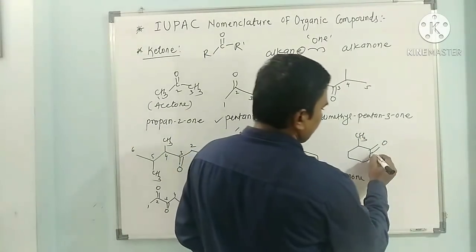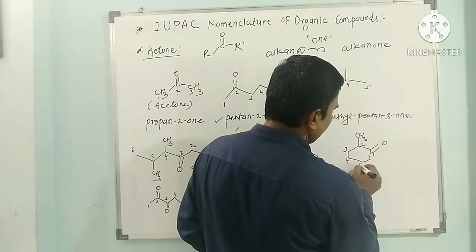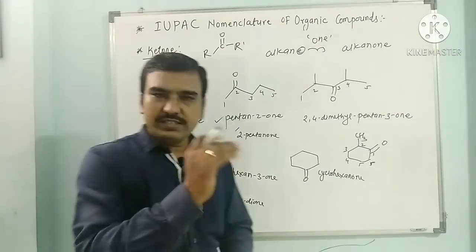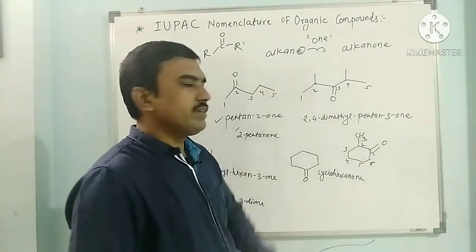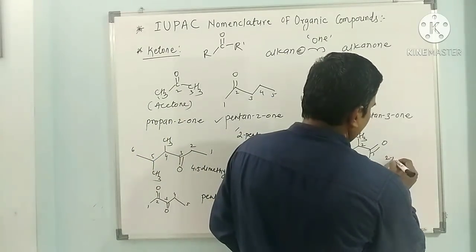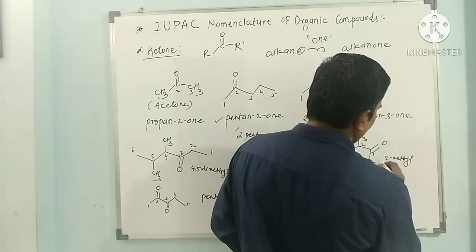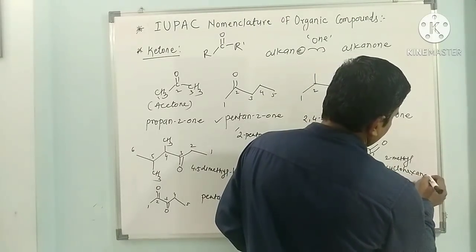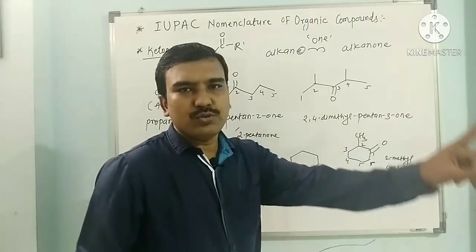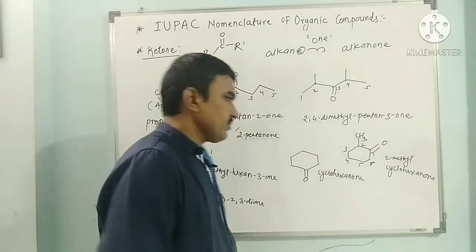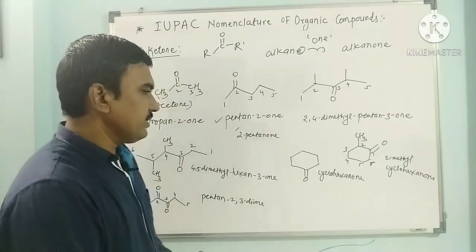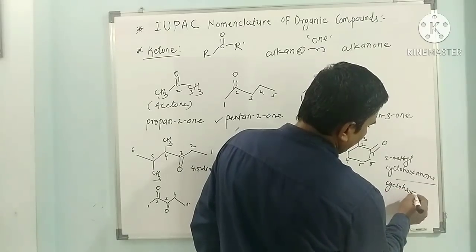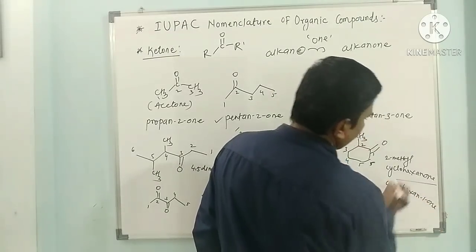Definitely carbonyl carbon is first one. 1, this is 2, this is 3, this is 4 and this is 5, 6. It is definitely cyclohexanone. Second is having methyl. So this is 2-methyl cyclohexanone or cyclohexan-1-one. So in this way we can name this, cyclohexane 1-one, 2-methyl.